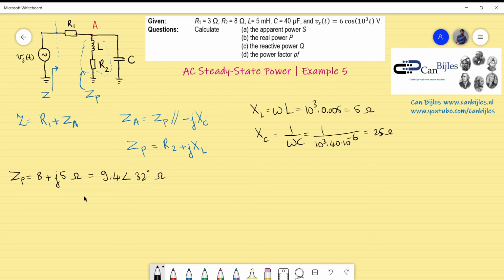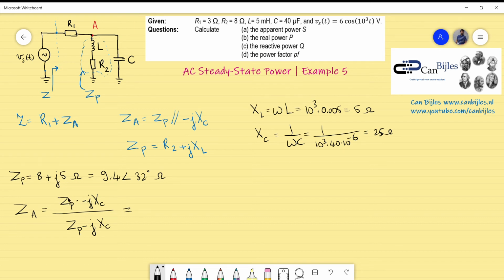What is the value of ZA? ZA is the parallel combination shown there. So it is actually ZP times minus jXC divided by ZP minus jXC. Okay, now if I substitute the values, I have now calculated ZP in rectangular form.